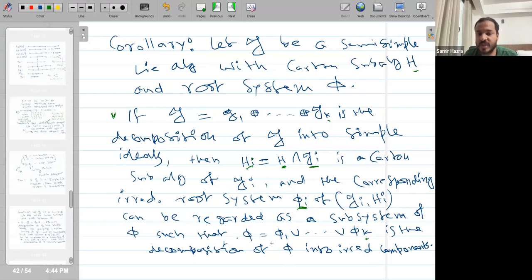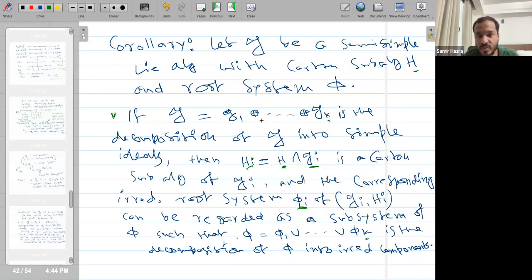And this gives actually a decomposition of Phi into irreducible subsystems. So Phi was not irreducible. Anyway, it cannot be irreducible because G is not simple, G is semi-simple. So now we see that if you just construct Phi as Phi_1 union Phi_2 up to Phi_k, you will get the root system of G.